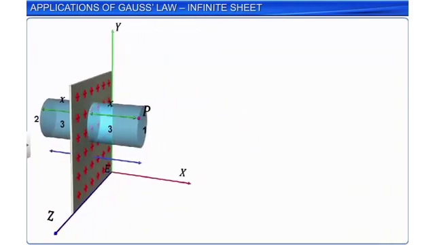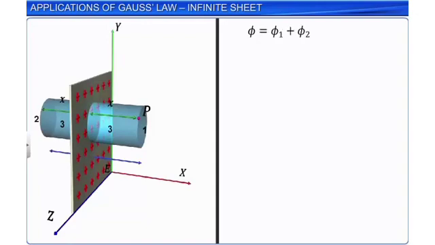The total electric flux, phi, through the Gaussian cylinder is the sum of the electric flux, phi 1, phi 2, and phi 3 through the surfaces 1, 2, and 3 respectively of the Gaussian cylinder. Let this be equation 1.